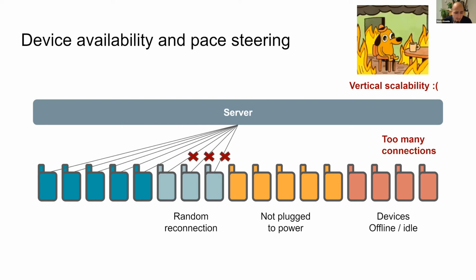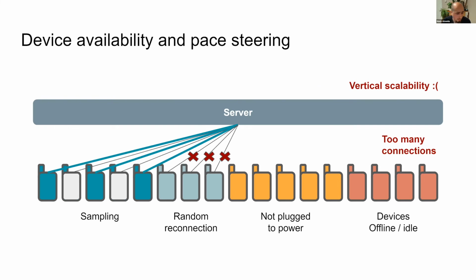You can enforce things like what you would see, for example, in Wi-Fi with retrials. You can have the devices only communicate back to you at random intervals of time, or you can even have more advanced techniques in which you try to see what your load is and use this information in order to decide when devices should be connecting to you. Finally, on top of the remaining devices, you can perform sampling just like what you would do in simulation as well.